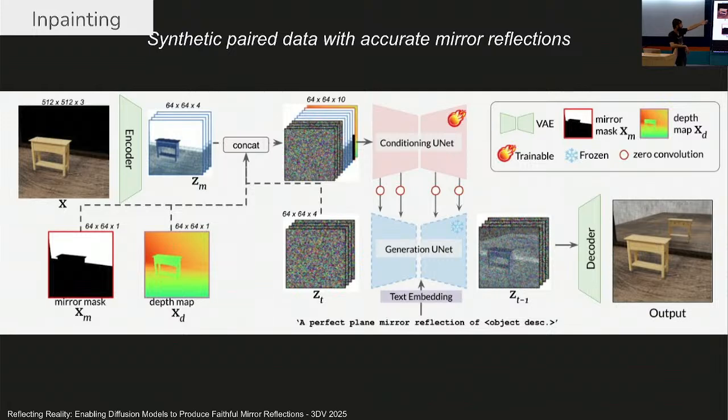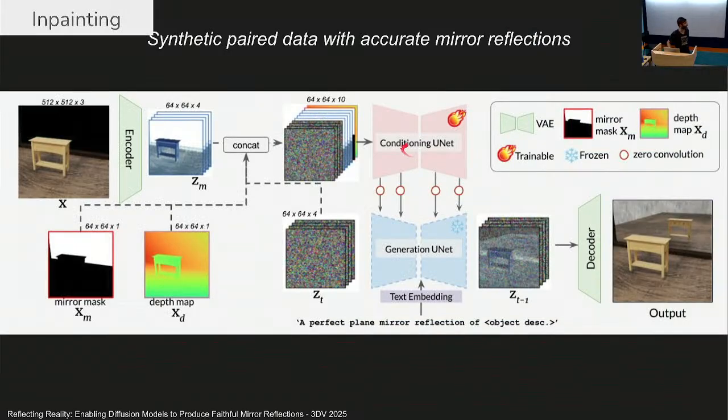You concatenate the mask and the background, giving a 64 by 64 by 10 channel input. This conditioning branch is a copy of the original generation branch, and it is learnable. You extract the intermediate features and directly add them to the features of the generation branch for all the layers, and then you put the loss at the end.